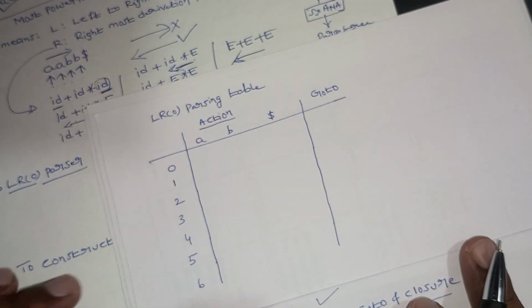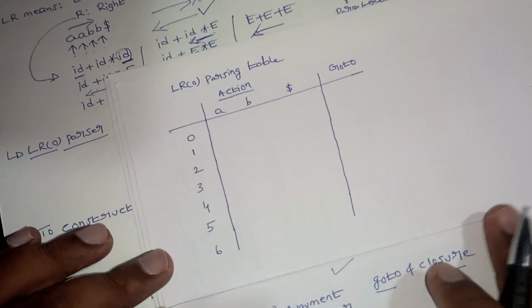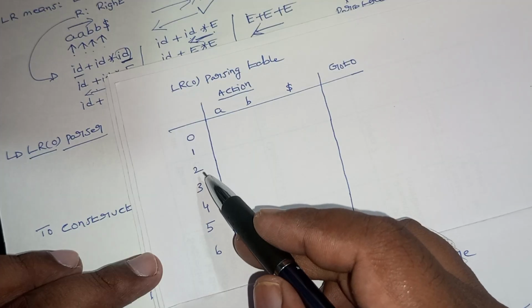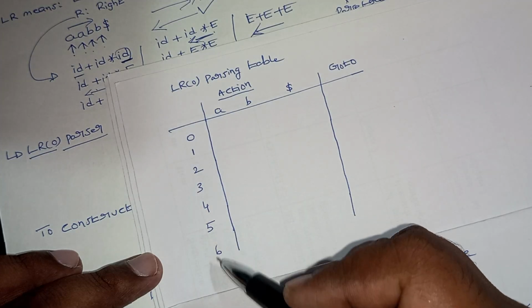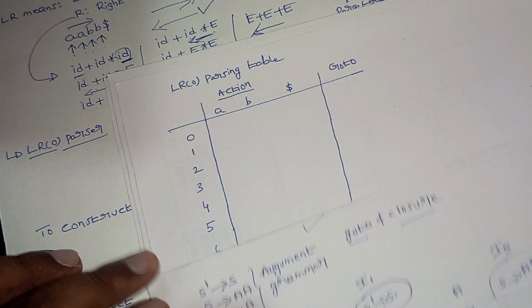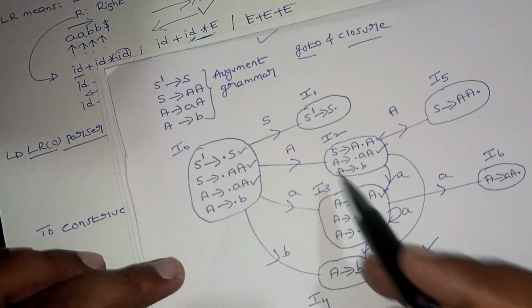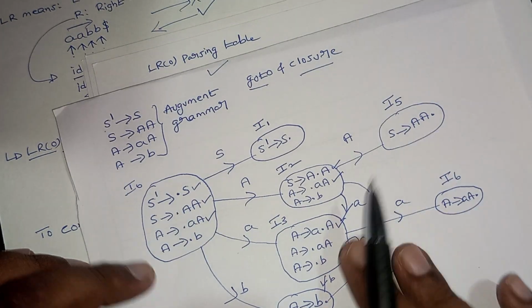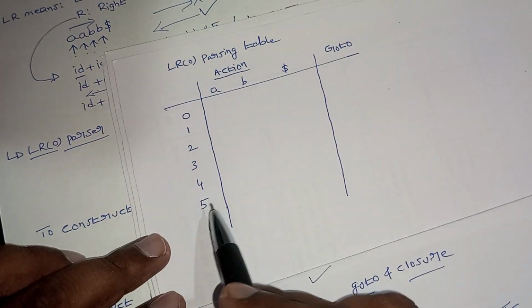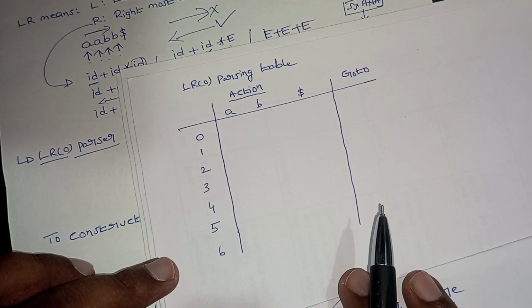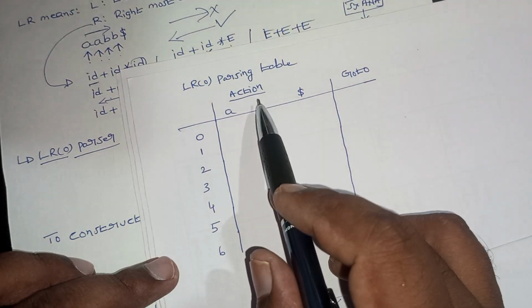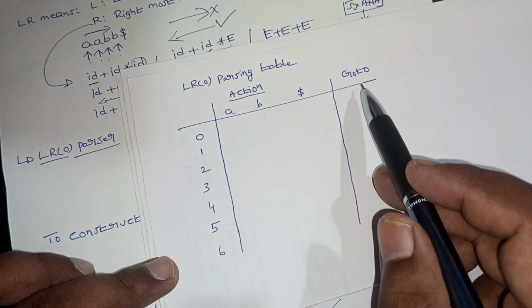So what are I0, I1, I2, I3, I4, I5, I6? They are the items. You write them in the table. So there will be two columns. One is action. Second one is the goto.